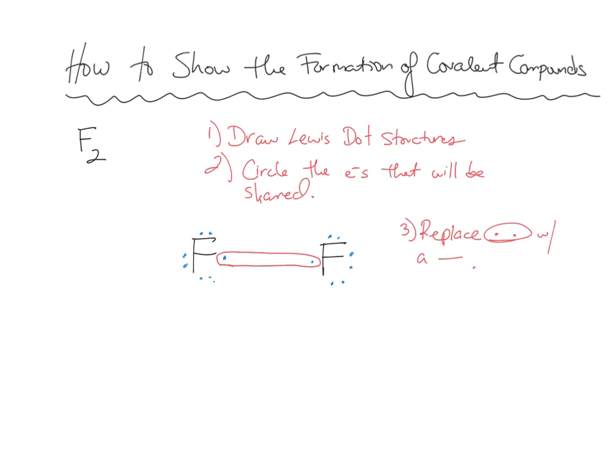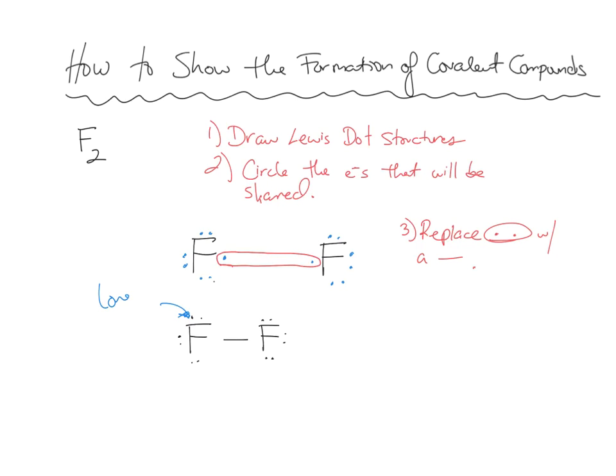And each line that we draw represents a pair of electrons being shared. And like before, I'm also going to have to draw the other electrons around each fluorine that are not involved in the bonding. Now, each of these pairs actually has a special name.